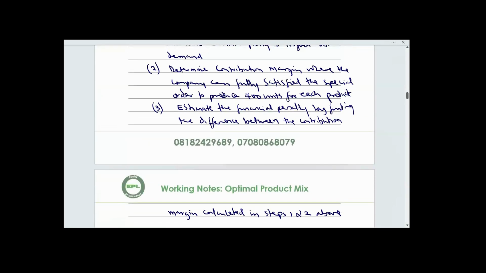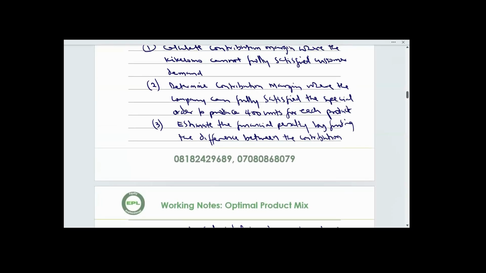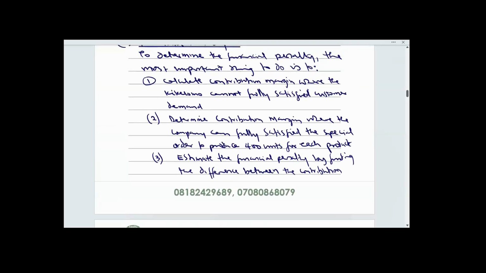Therefore, you then pick it one by one. It's not just about step one, step two. There are some things you are going to do under each of them. So let's start with the first one, which is to calculate contribution margin where customer order cannot be fully satisfied.